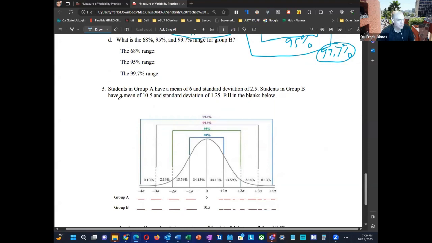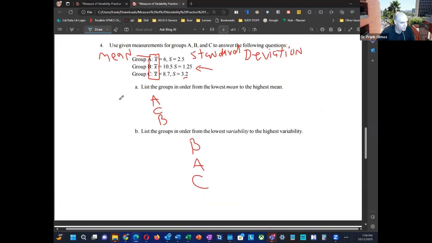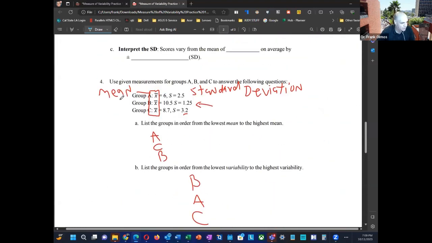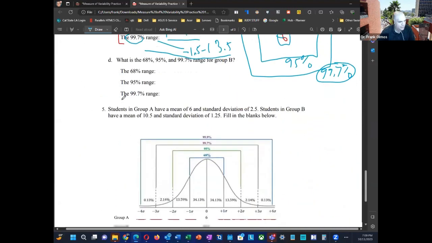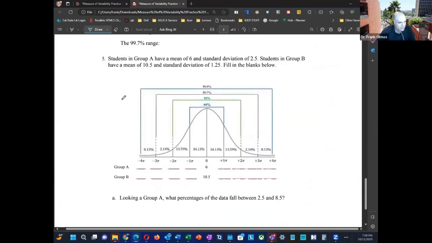Like for group B, the mean is 10.5. So, okay, I just did group A, all right? Group A, I add 2.5, you get 8.5. Add another 2.5, which is the standard deviation, becomes 11. I add another 2.5, it becomes 13.5.